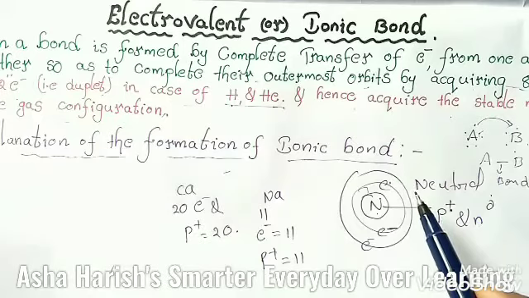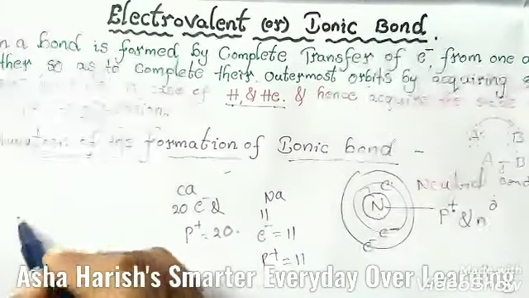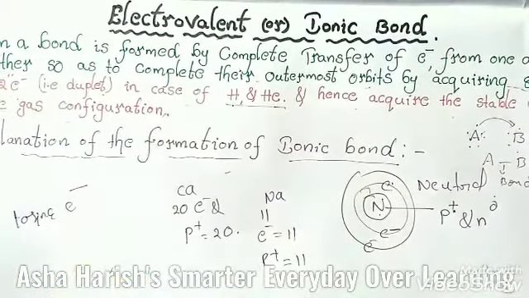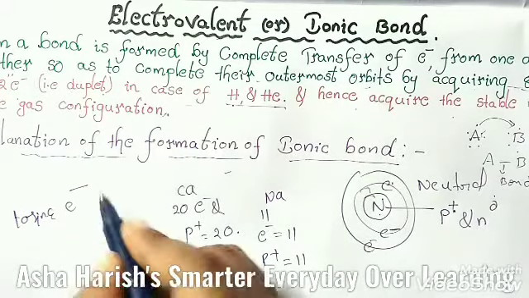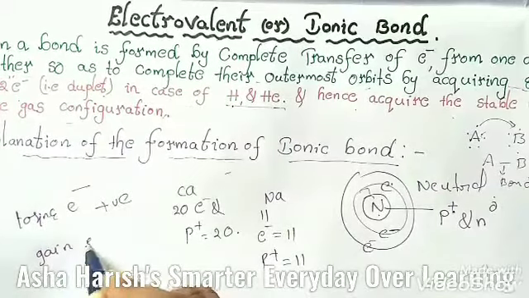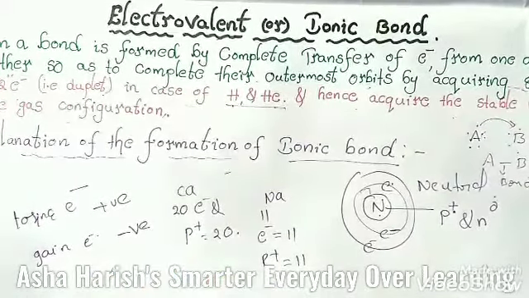On losing an electron, an atom becomes positively charged. By losing an electron, atoms become positively charged, and by gaining one electron, atoms become negatively charged. Let us see how.